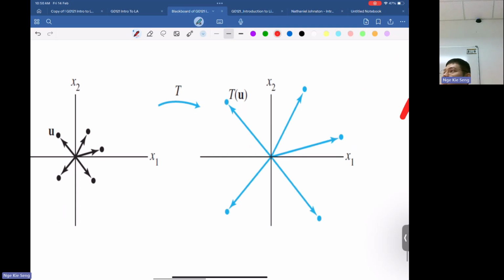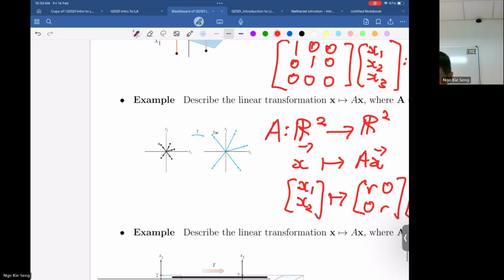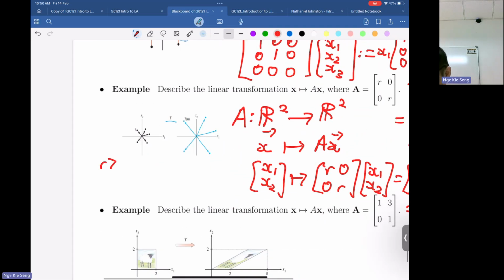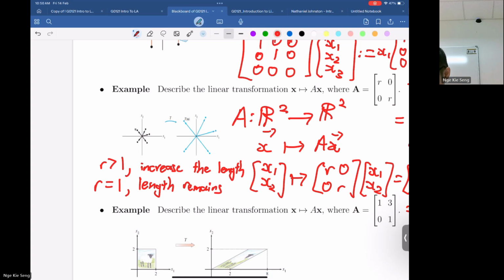So R greater than 1 increases the length, R equals 1 the length remains, and R less than 1 reduces the length.